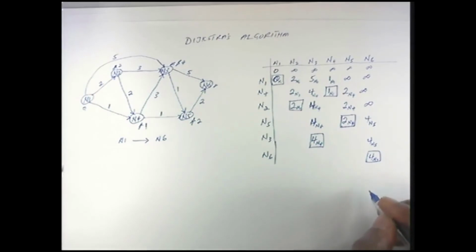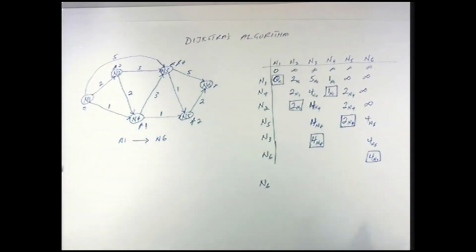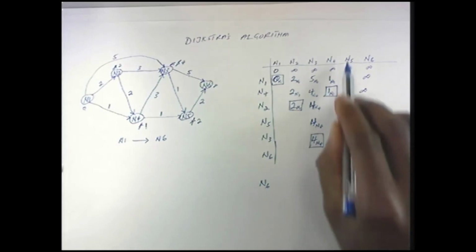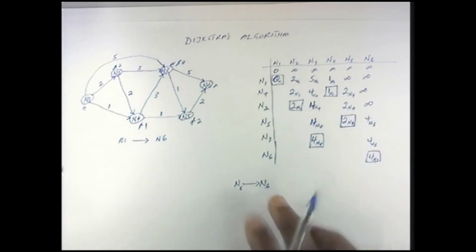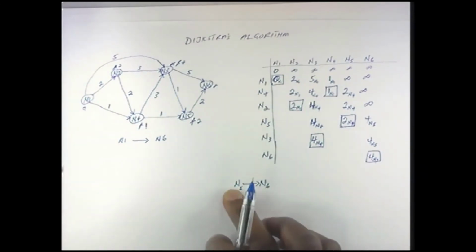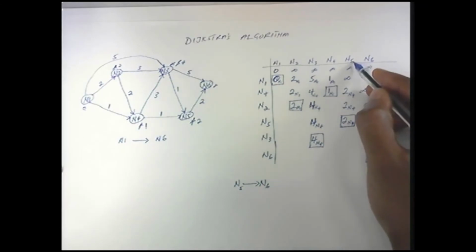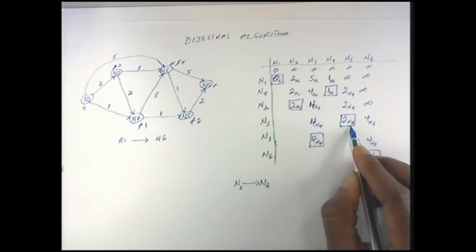Now let's trace the path. So our destination is N6. Now, N6 came from N5. So we just trace and go to N5. So I'll put N5 here. It means that to get to N6, I need to come from N5. Now to go to N5, I need to come from N4. Notice what we are using.